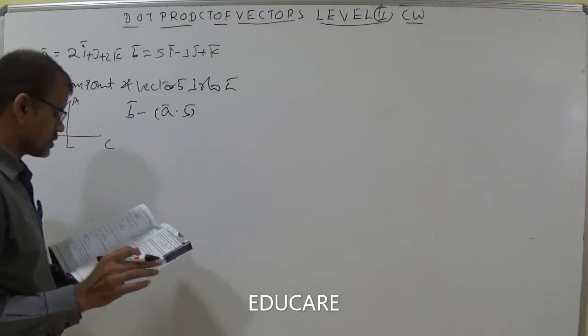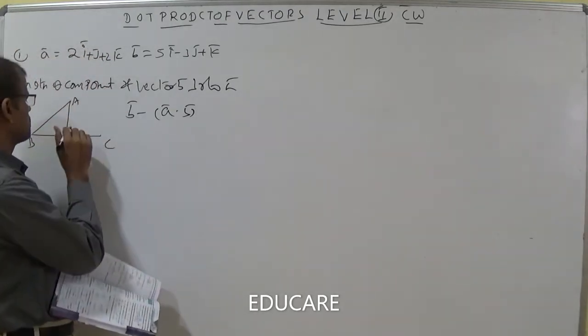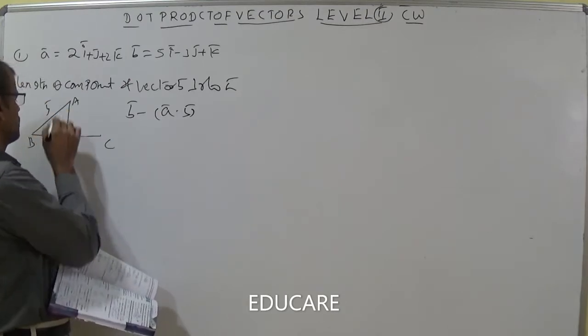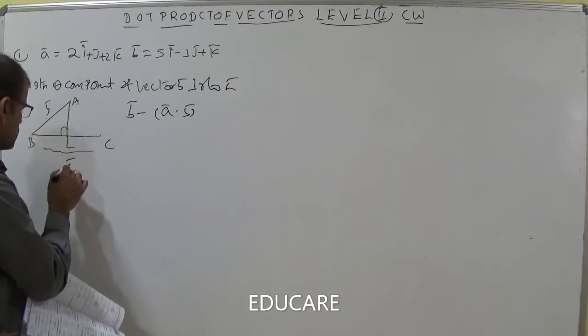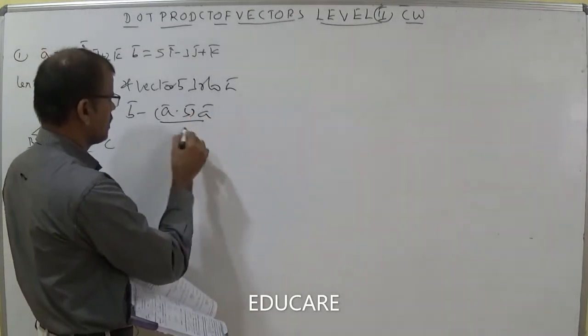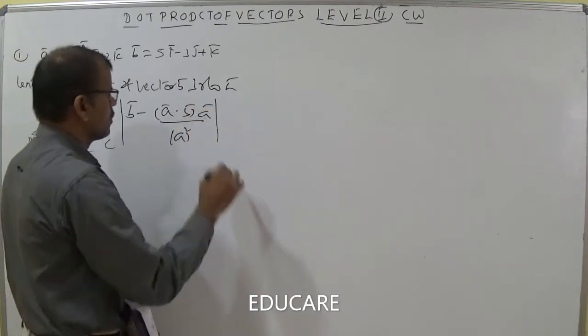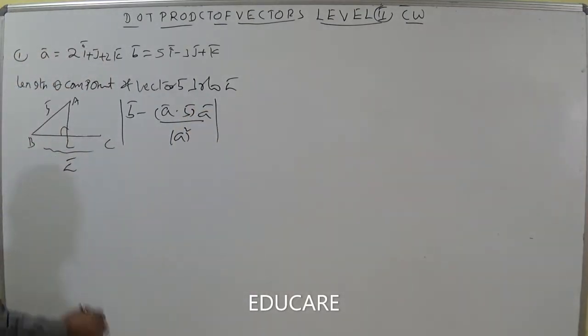So you should read the question. If he gives it as perpendicular to A bar, then it is B bar minus (A bar dot B bar) into A bar by modulus of A bar square. Total overall modulus you should calculate.